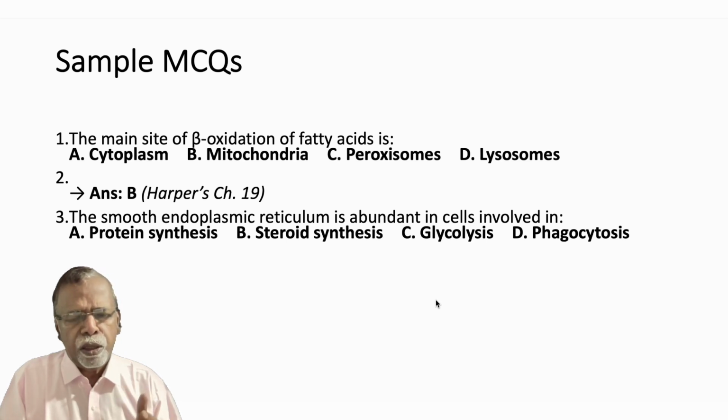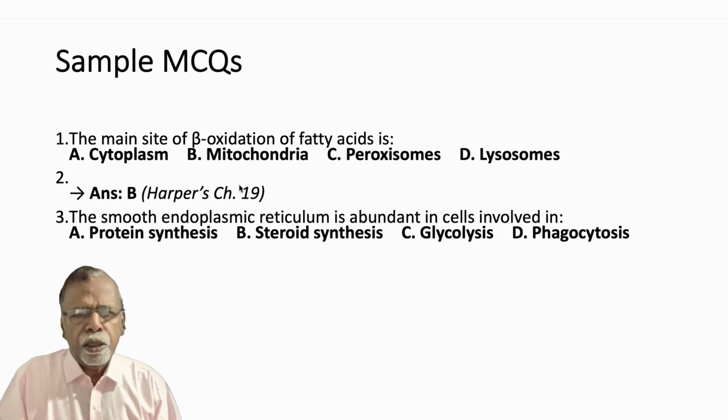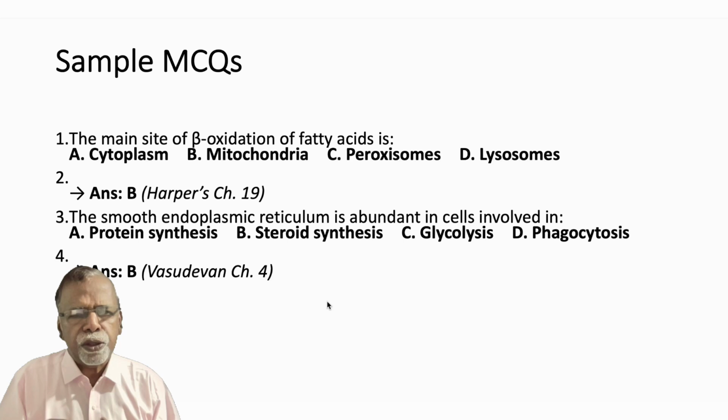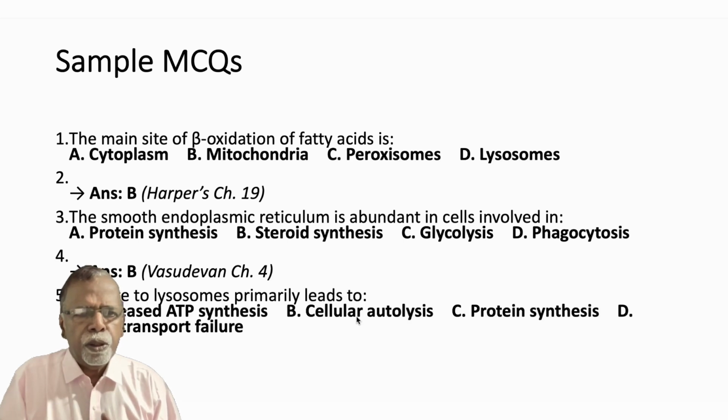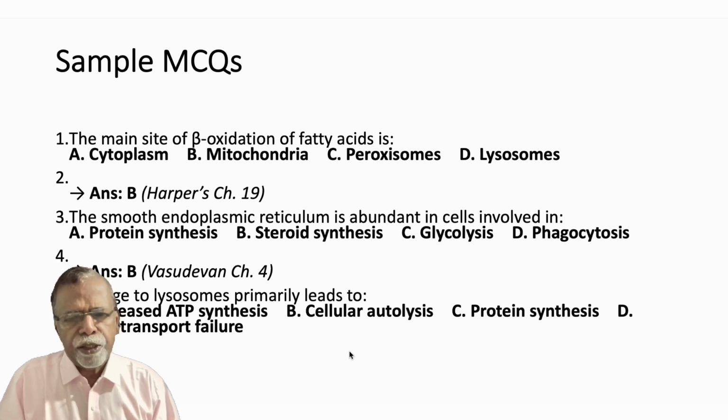So we have mentioned the rough endoplasmic reticulum is concerned with the protein synthesis, whereas the smooth endoplasmic reticulum, the correct answer is mainly with the steroid synthesis. Damage to lysosomes primarily leads on to, but lysosomes, it contains catalytic enzymes. So it is autophagy, so it is a cellular lysis. Answer is the B.